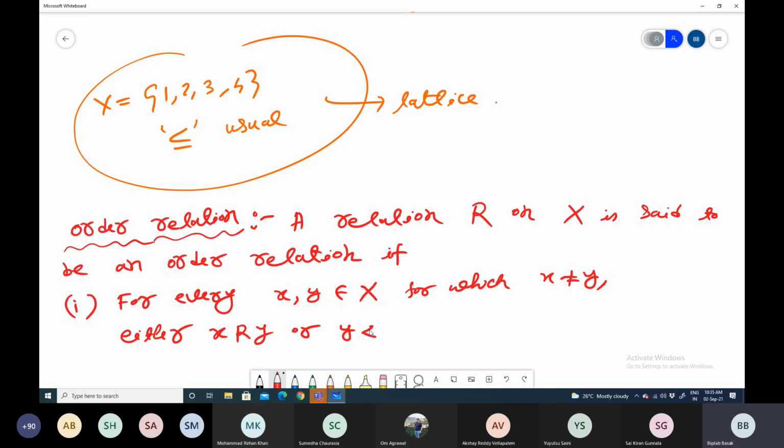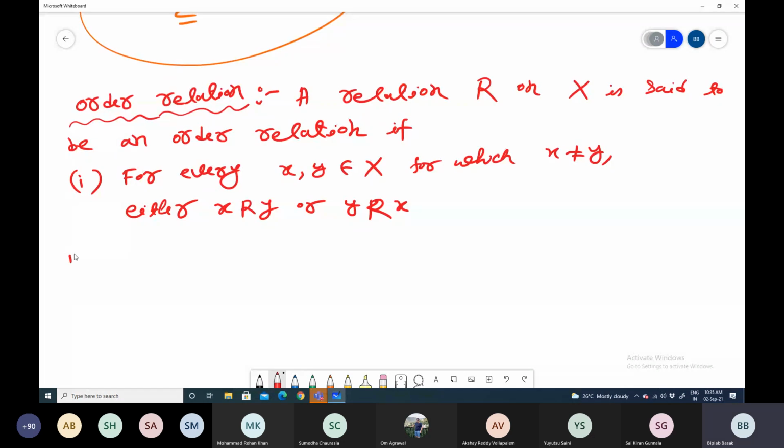So that means you can always compare any two distinct elements. And it is non-reflexive, that means for no element x does this hold. And the third property is transitive.